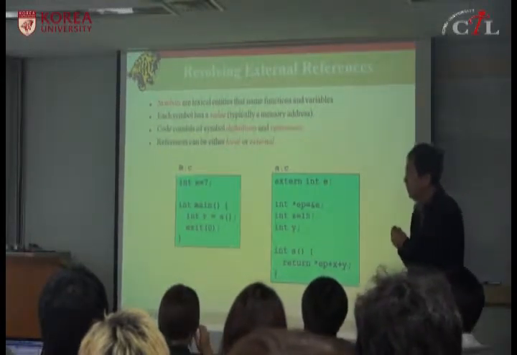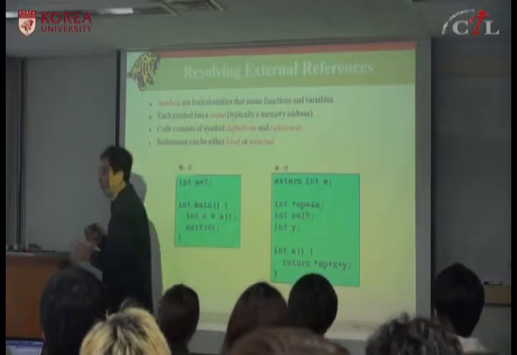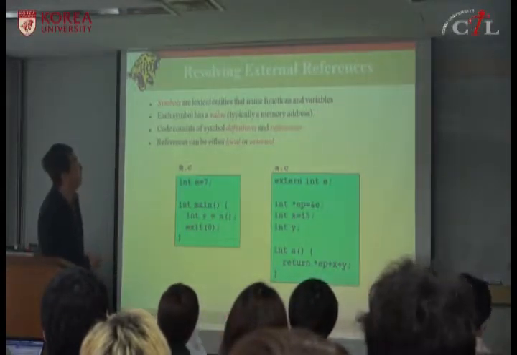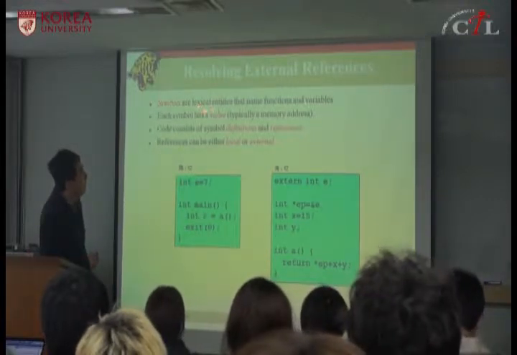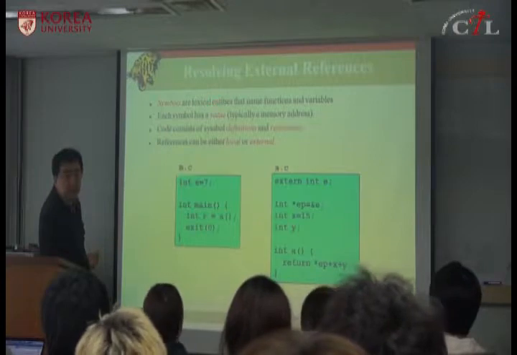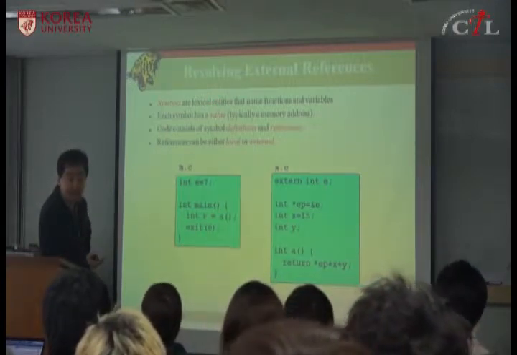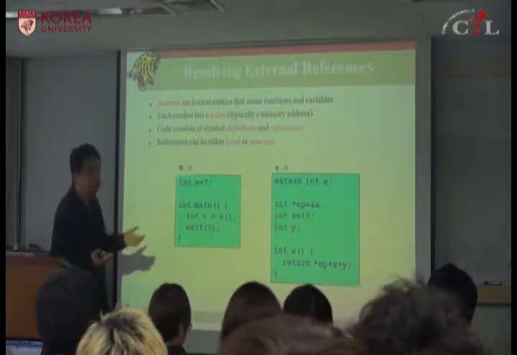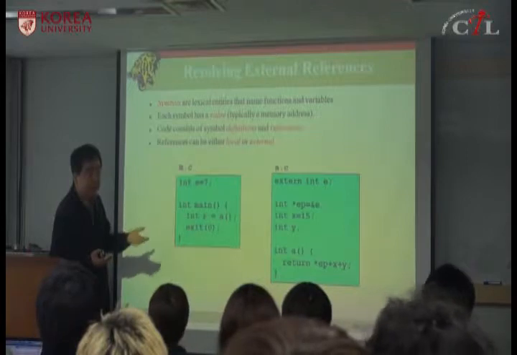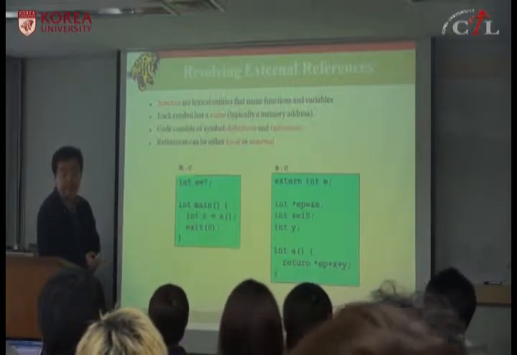Okay, so what are symbols? A symbol is a lexical entity. You can recall the lexical analysis phase of the compiler. The compiler's first phase is lexical analysis, then syntax analysis, then semantic analysis, and so on.